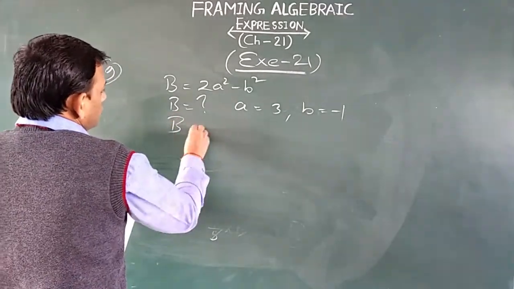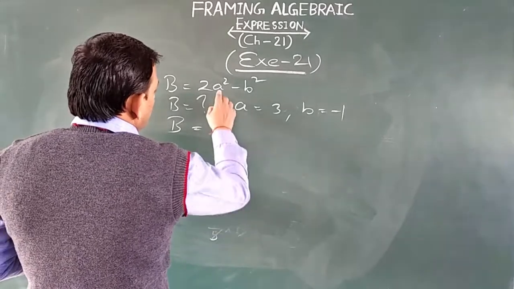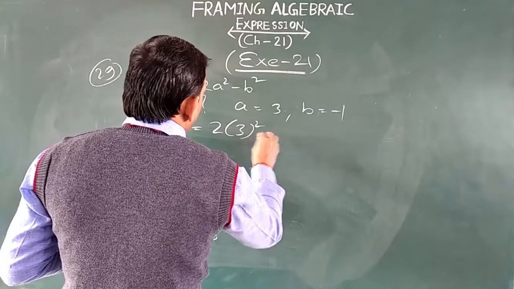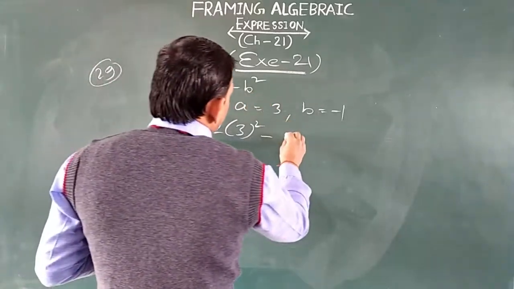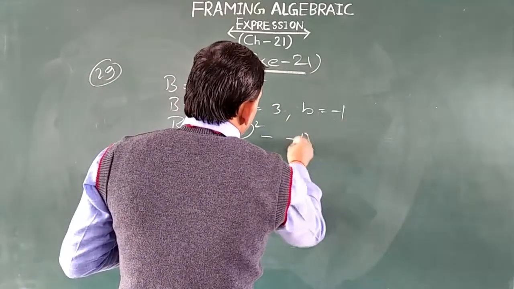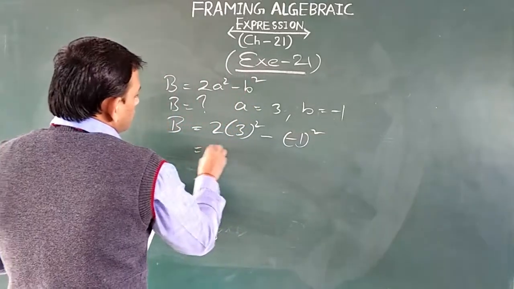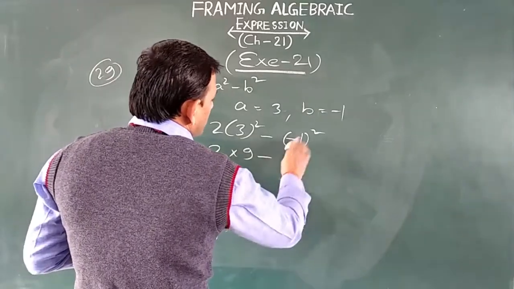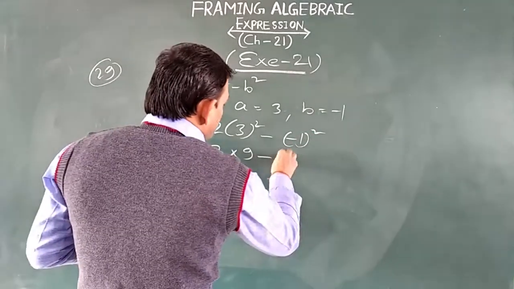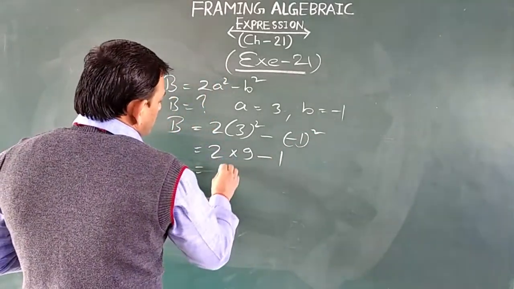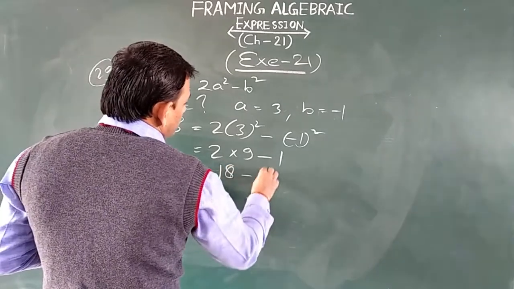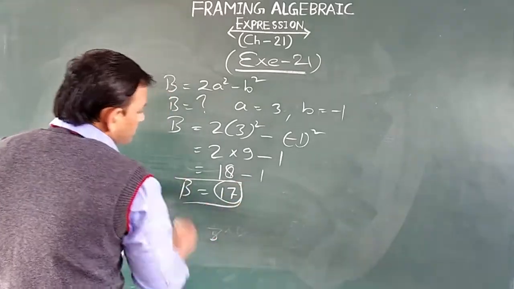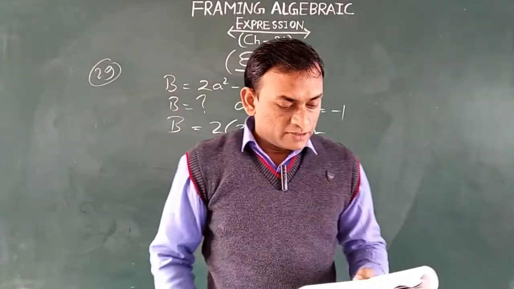So b is equal to 2 and what is the value of a? 3. So it will be 3 square minus b square. So b is minus 1 square. So 2, 3 3s are 9 minus, and minus 1 into minus 1 will be plus 1. Now 2 into 9, 18 minus 1, it will be 17. So 17 is the value of b. Okay. So in this way you will solve this question.